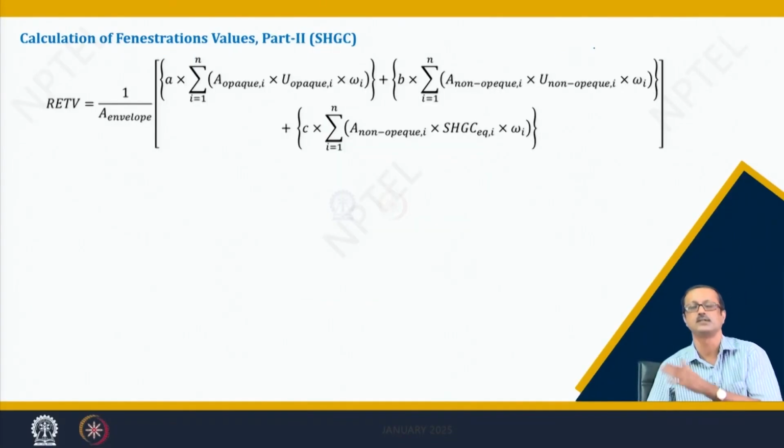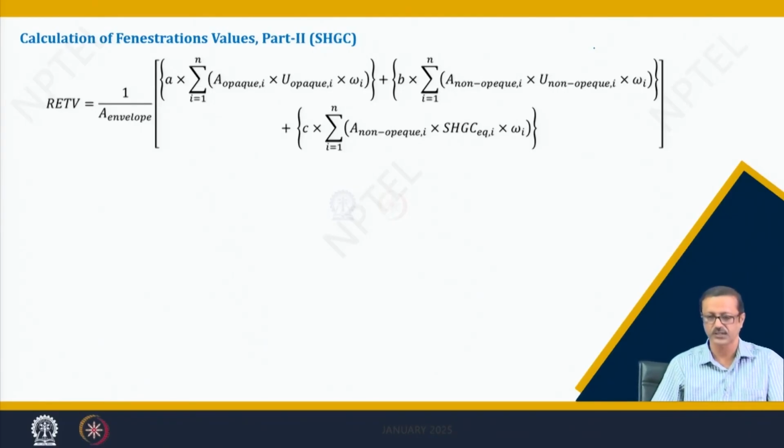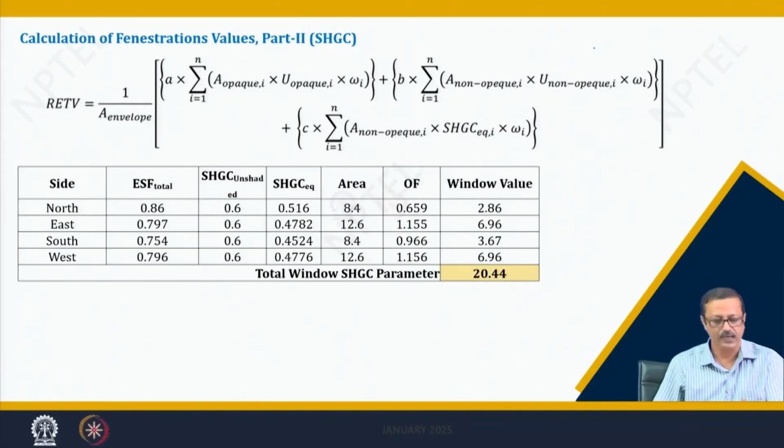Now, this particular shading factor will be used to calculate the equivalent shading coefficient. So, we have the 4 orientations. We have the ESF, which we have just now obtained from table number 11. This is for the window, which has the unshaded SHGC value of 0.6, given in the problem.